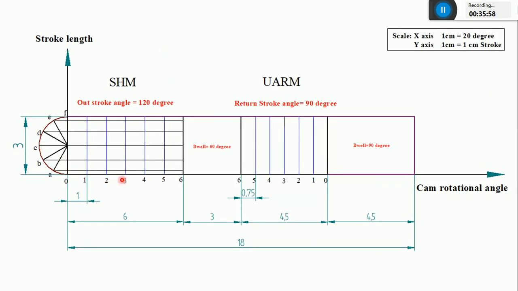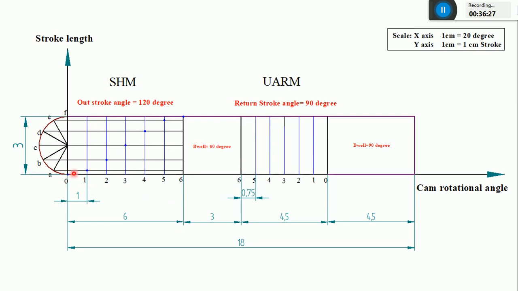You can see here the first horizontal line, coming from point A, will intersect the first vertical line. That is indicated with 1 at this point. This is 1 dash. The second line, coming from B, will intersect the second vertical line at this point. This is 2 dash. Similarly, 3 dash, 4 dash, 5 dash, and 6 dash.